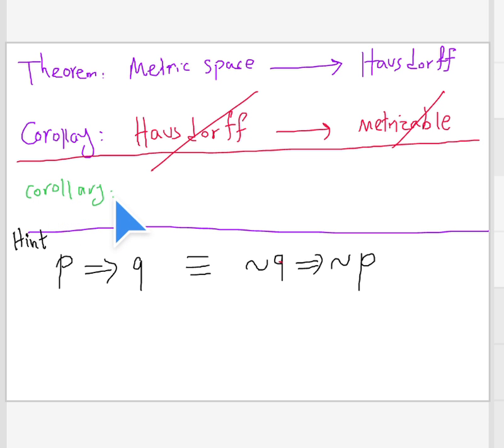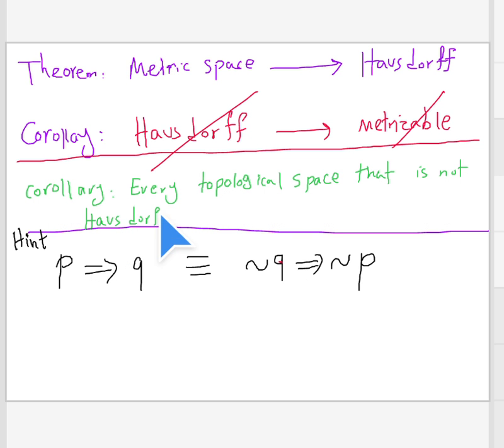Corollary: every topological space that is not Hausdorff, then it is not metrizable.